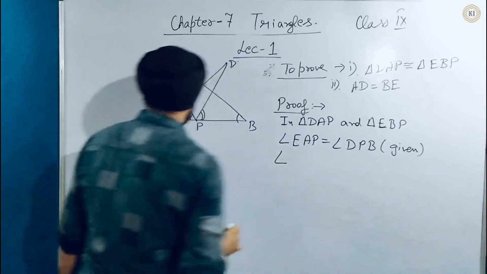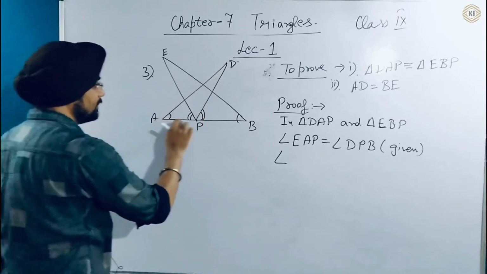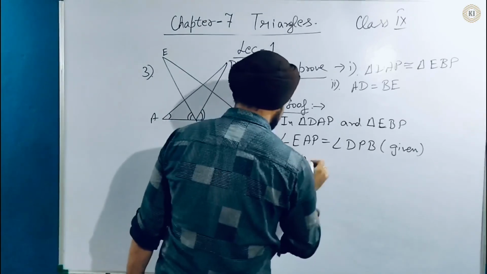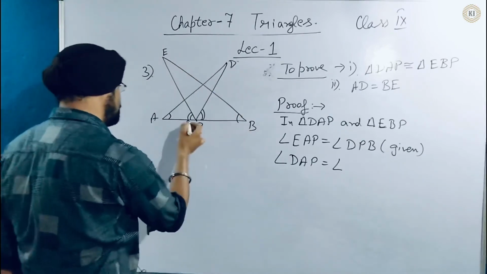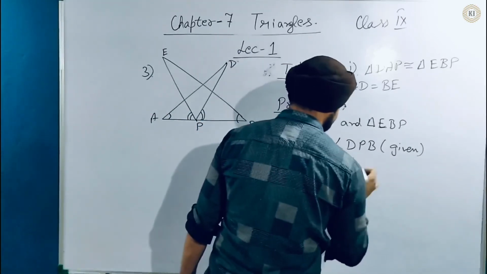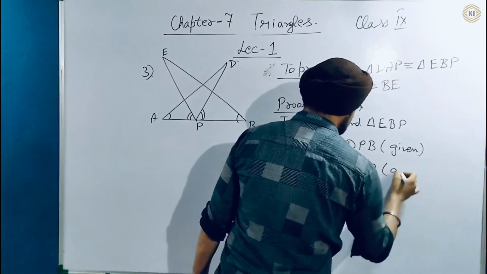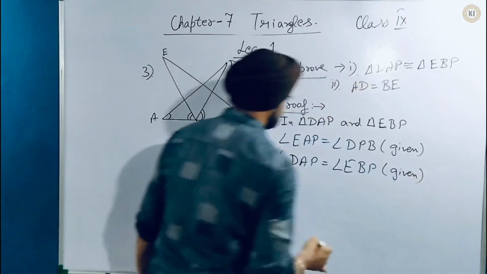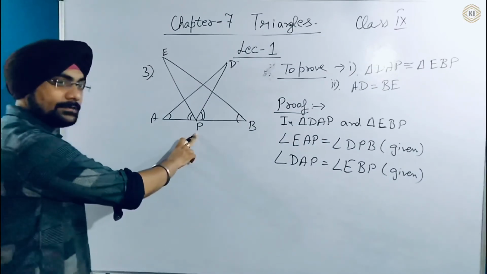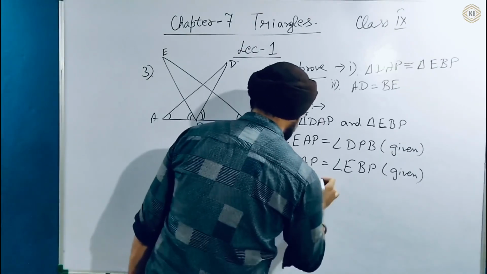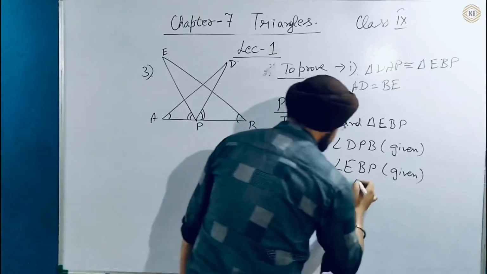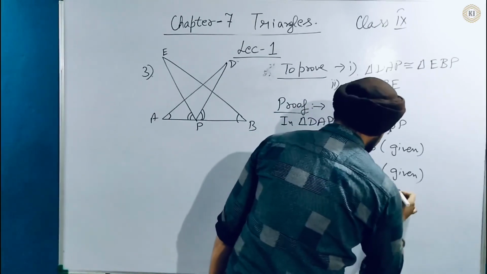Second, angle DAP is equal to angle EBP. Again, reason: given. It says P is the midpoint, so AP is equal to PB. Reason: P is the midpoint.